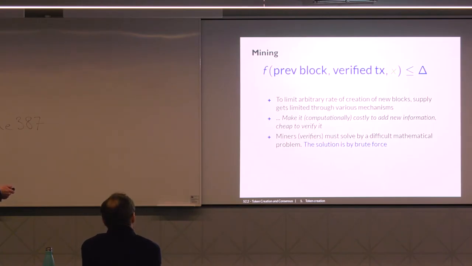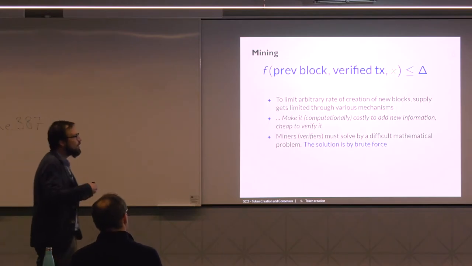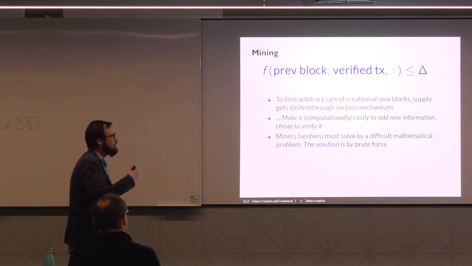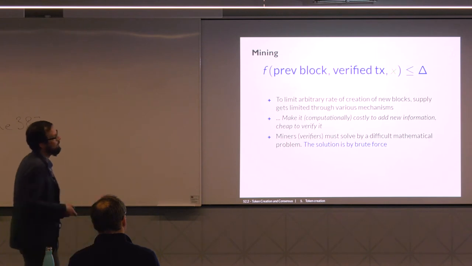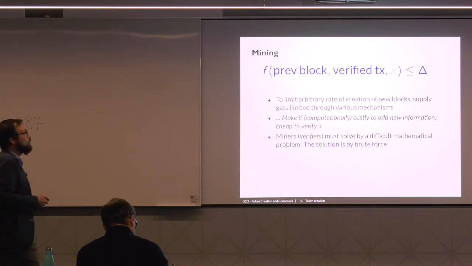The second element that you need in order to solve this cryptographic problem is something that shows that you actually verified the transactions that you claim to have verified. Therefore, there is something called the Merkle tree, which is the fact that you hash the transactions and you hash the hashes of the transactions and so on and so forth until you get a single hash that represents all the transactions that you have inside of your block.